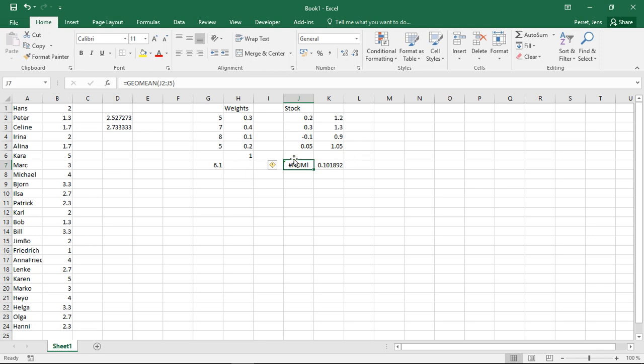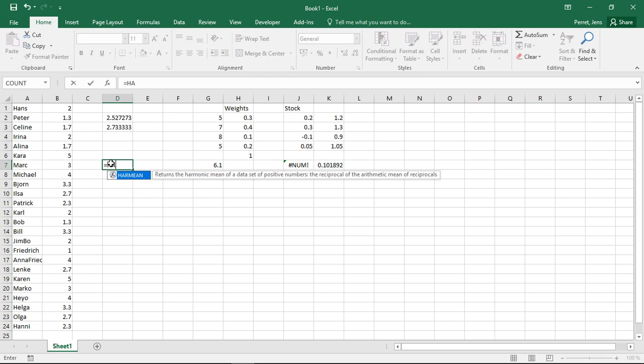Okay, so this was the geometric mean, so there's only one thing left. That's usually used for relations or changes per something. That's the harmonic mean. Here I'm just going to do this with the marks as well. Not really the best way to apply it to data, but just so you can see. As with the geometric mean, it's HARMEAN, the harmonic mean.